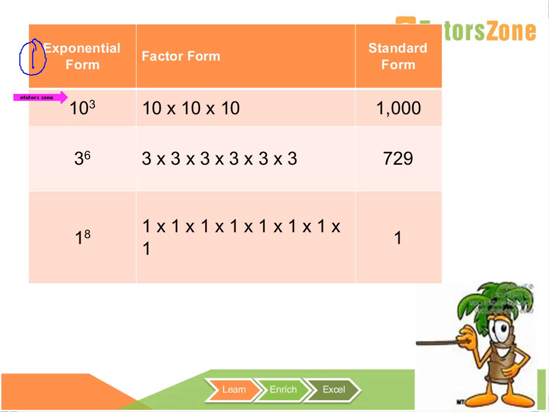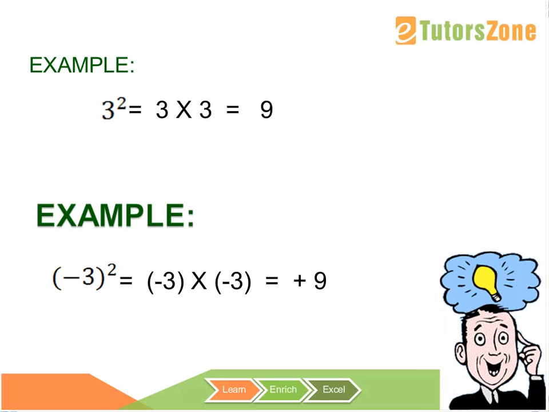One is exponential form, second is factor form, and number 3 is standard form. So same thing we can write in three forms. Any doubts? Not so far. Okay. So look, the same thing, 3 raised to power 2 means 3 into 3. That gives us 9.